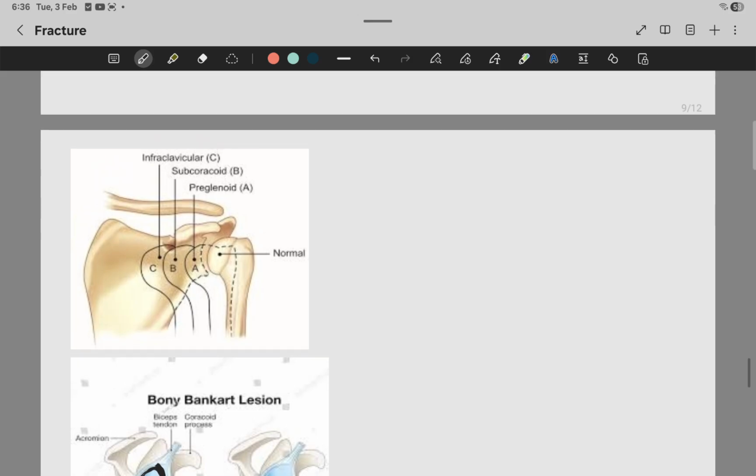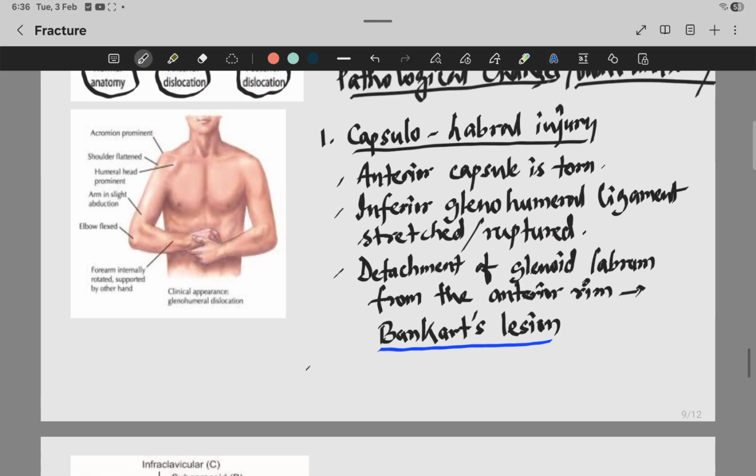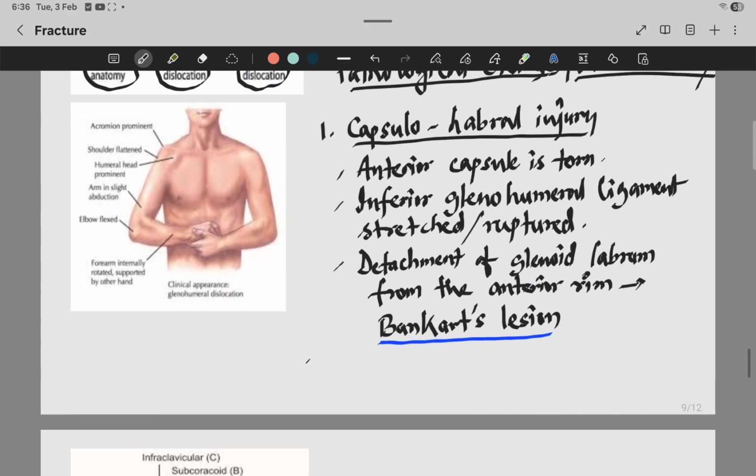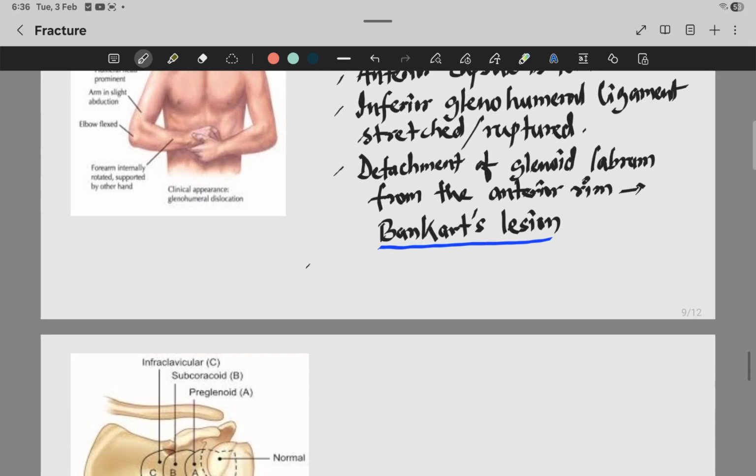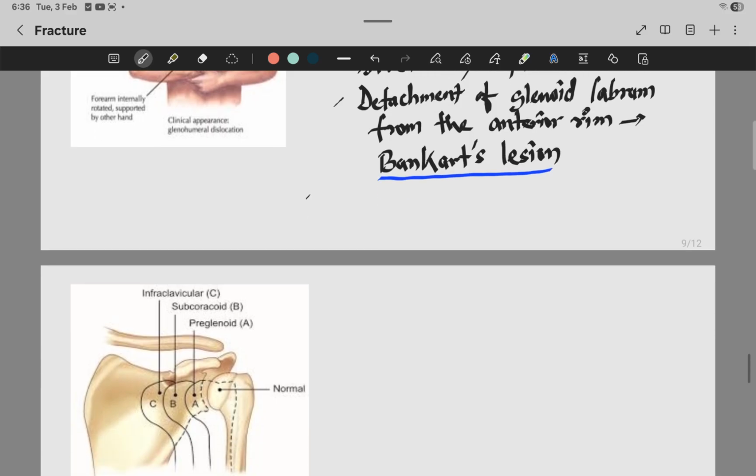Next, these were the capsulolabral changes, or pathoanatomical changes, that occur during the injury. Number 2 will be the bony lesion.